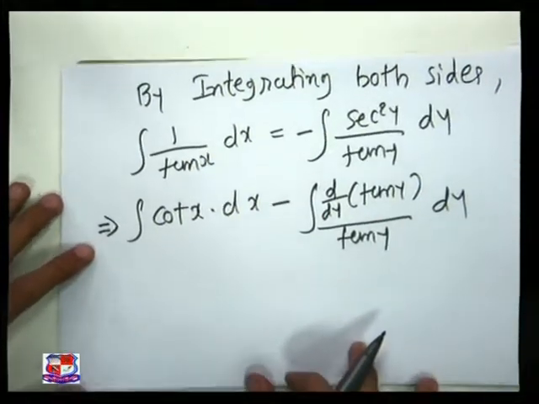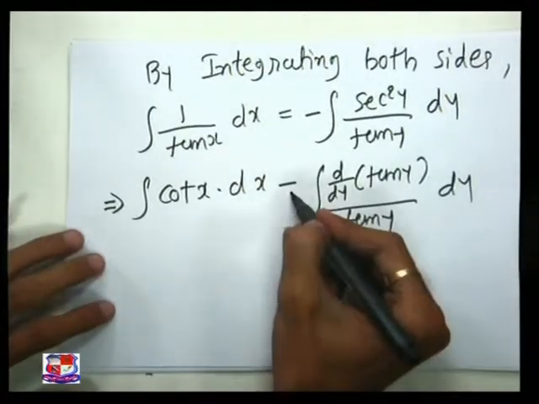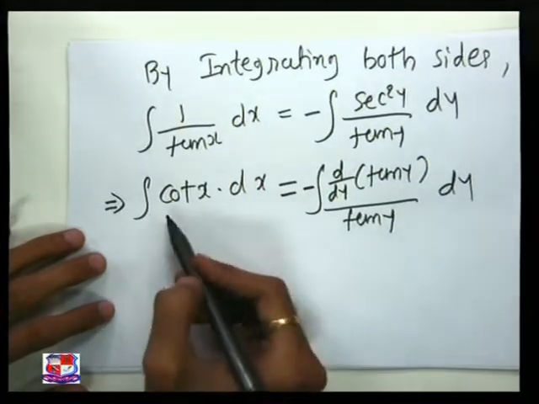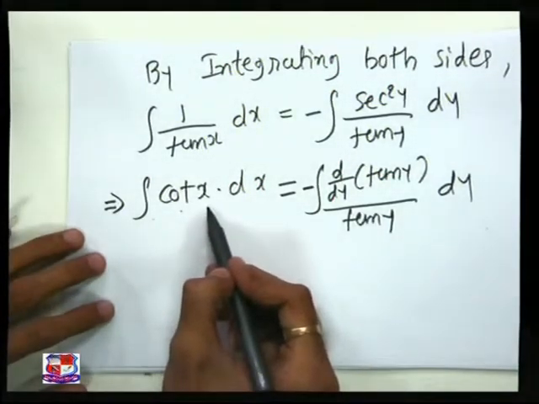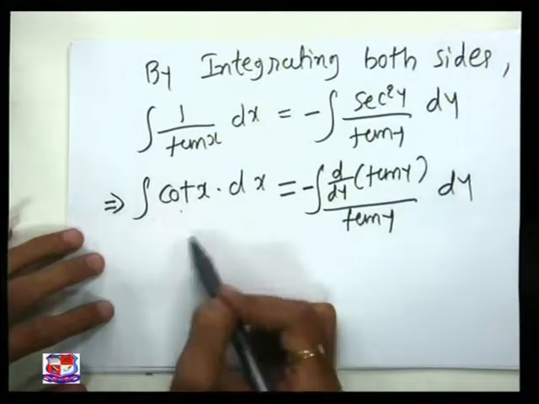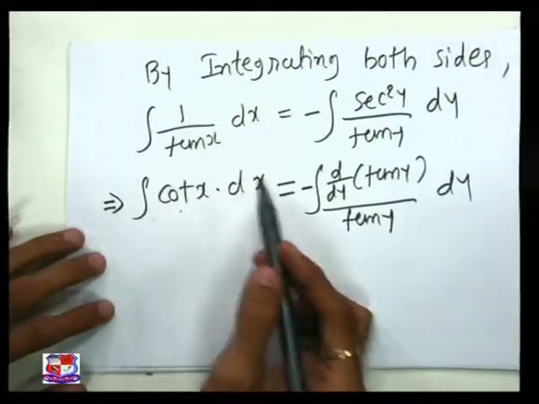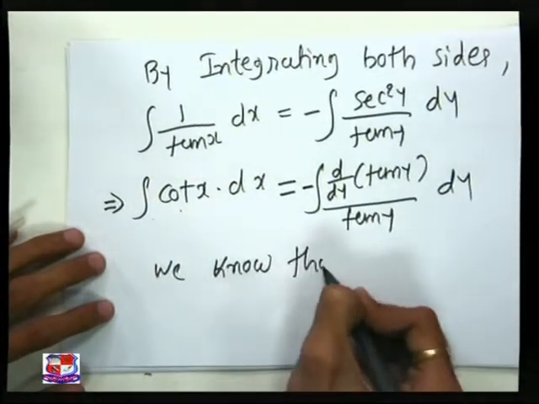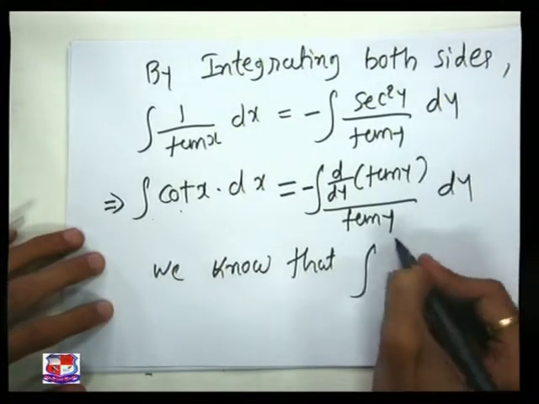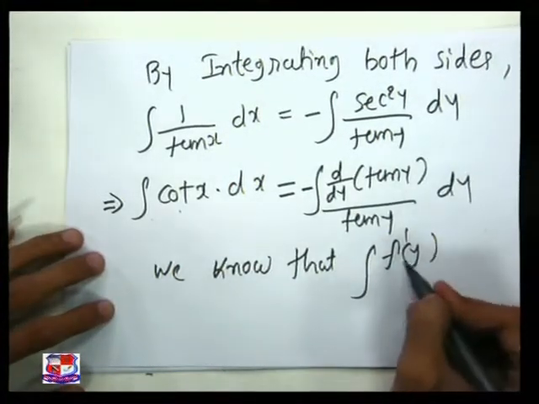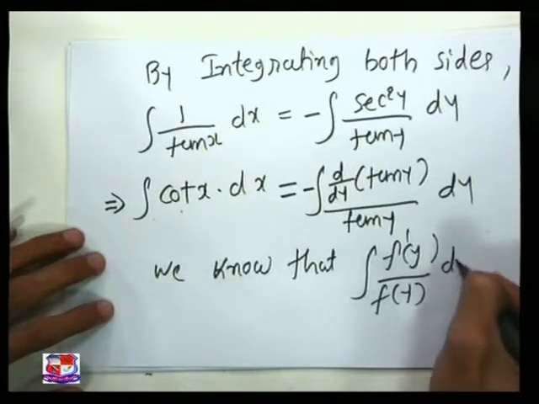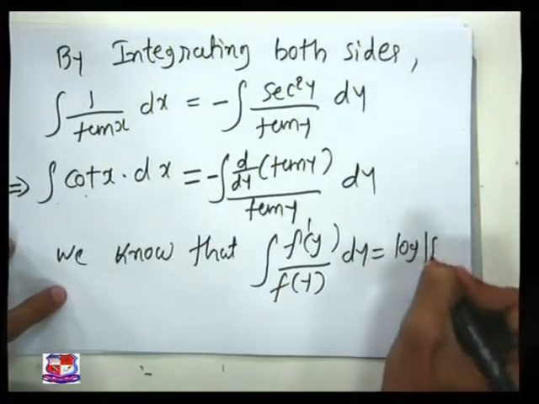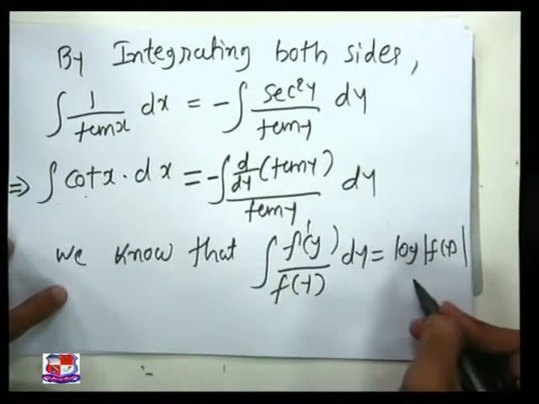So here I am going to use two formulas. First thing is integration of cot x is equal to log sin x, right? Integration of cot x, that is log sin x, and we know that integration of f dash y upon f of y into dy is equal to log f of y plus c.